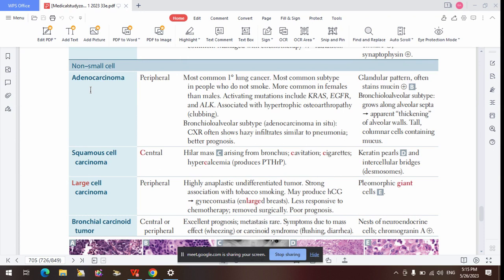It has a subtype that we call the bronchoalveolar subtype. It's actually an adenocarcinoma in situ. So it has not breached the basement membrane, and it's confined to the alveoli wall. That's where you see it causes thickening of the alveoli wall.